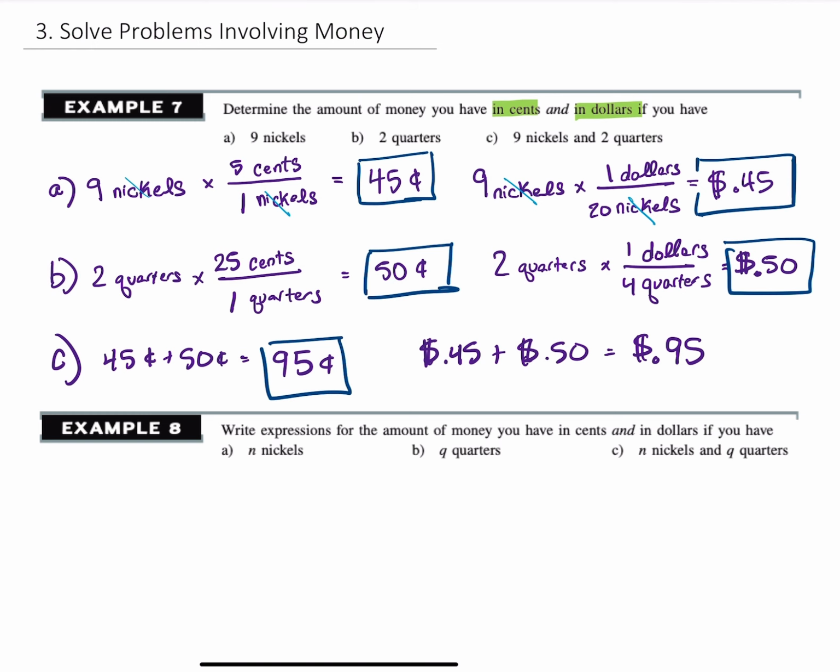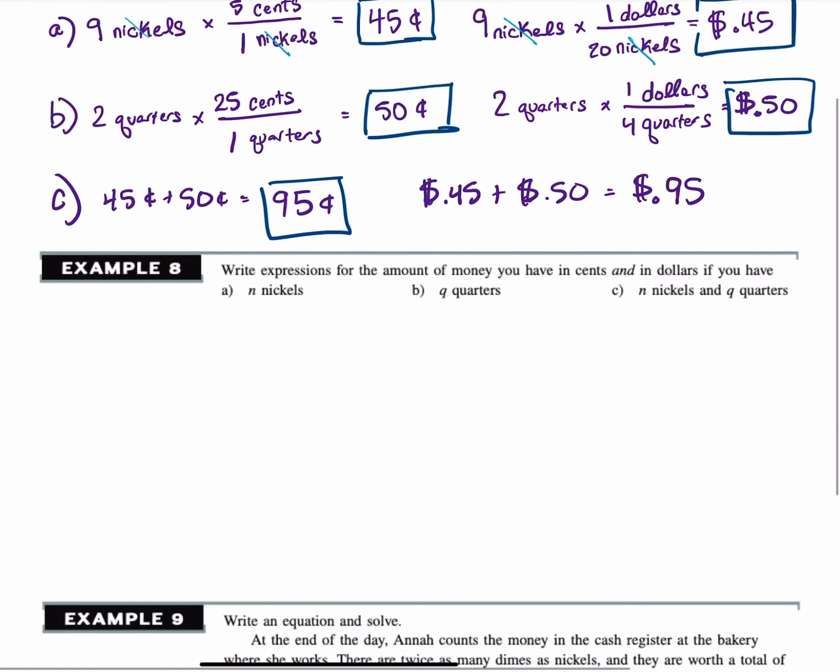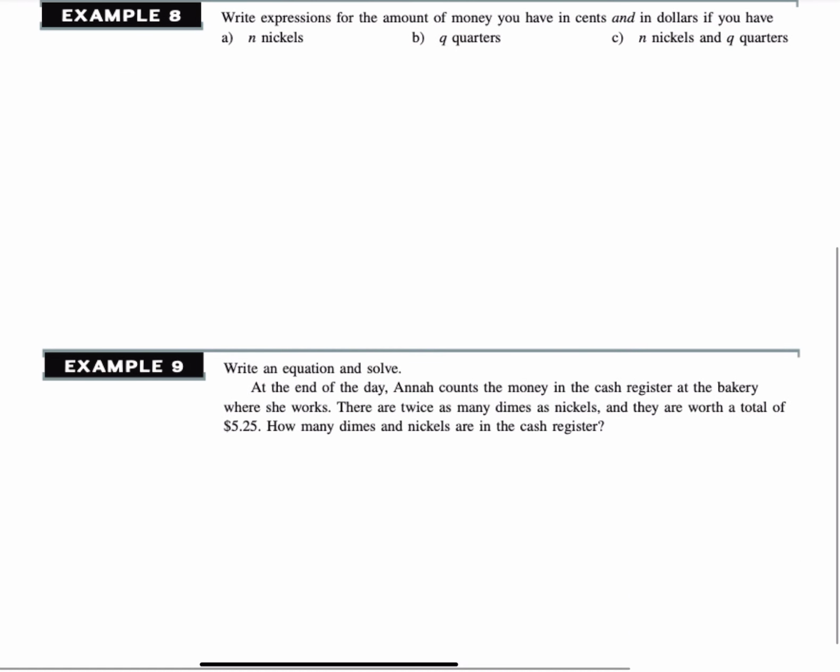So let's look at example 8. This time they want us to do it in a general form. Now they just say N nickels and Q quarters. So they're building us up to solve a certain kind of word problem here, I think. But let's do that same thing. We're starting with N nickels, and they want us to find out how much we have in cents and how much we have in dollars. So N nickels, let's keep doing that same process.